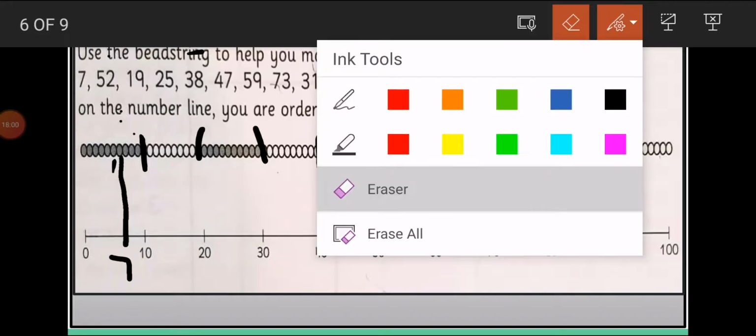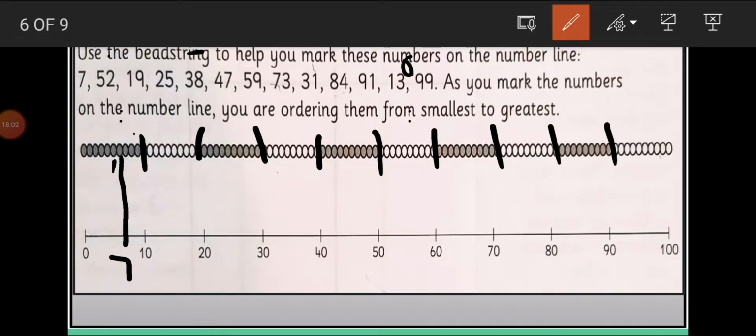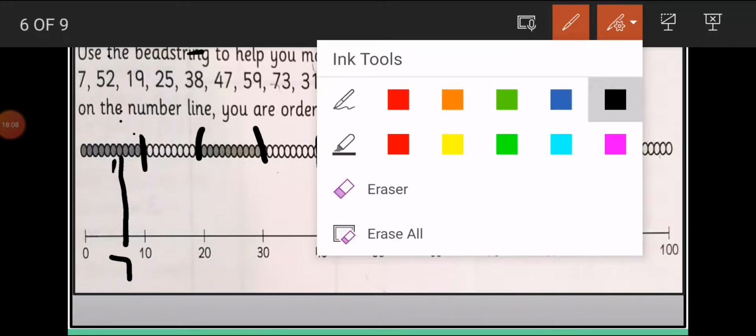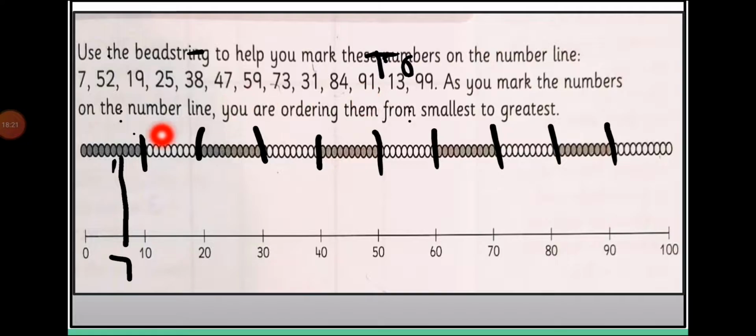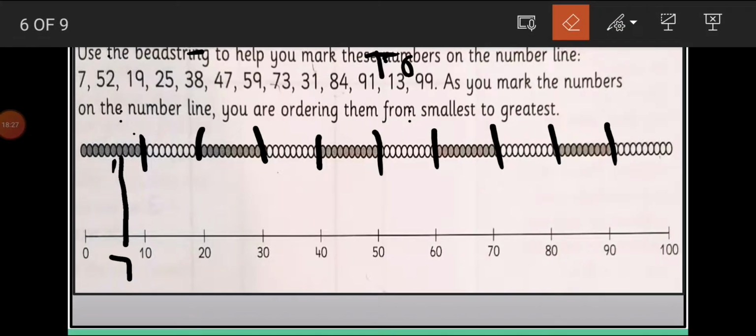I have not much space here. So in that number 13, 1 is tens and 3 is ones. Again, you have to check out where is 110. Then count 3 more. Then put the 13 on its correct place on number line.